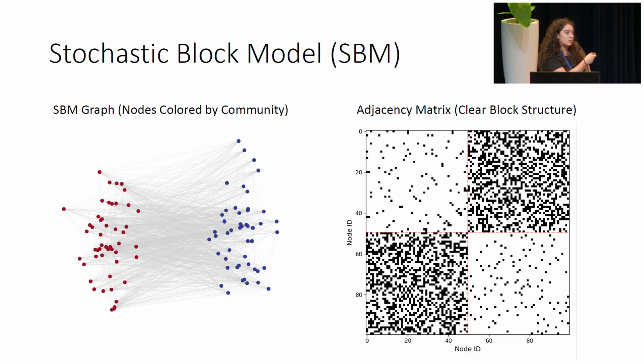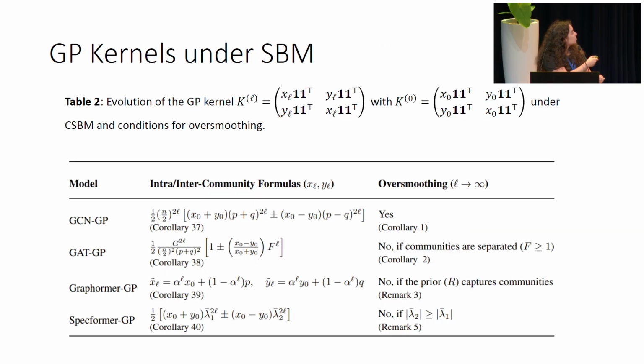And the idea is the following. If a kernel method can learn this graph, then the kernel itself should also have this block structure, or else it cannot distinguish communities. So what we did is we wrote down the formula for our kernels under this stochastic block model and looked at their behavior when the number of layers goes to infinity.